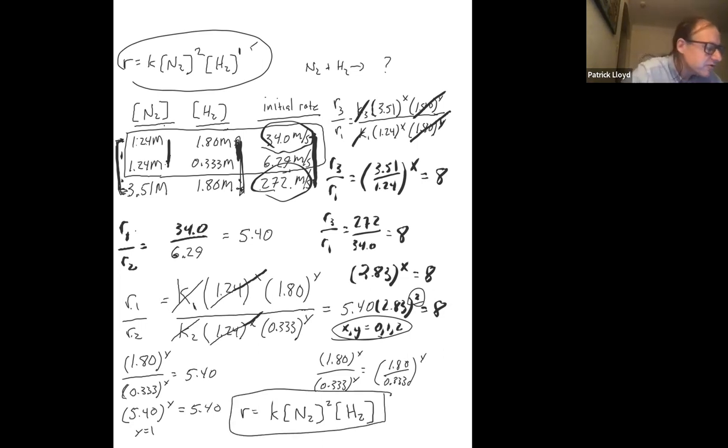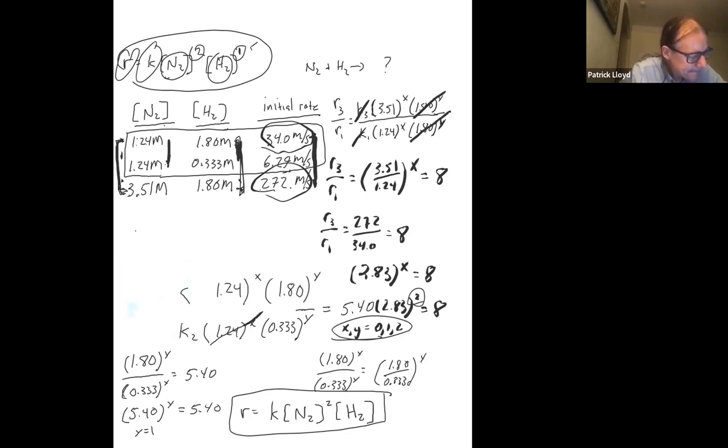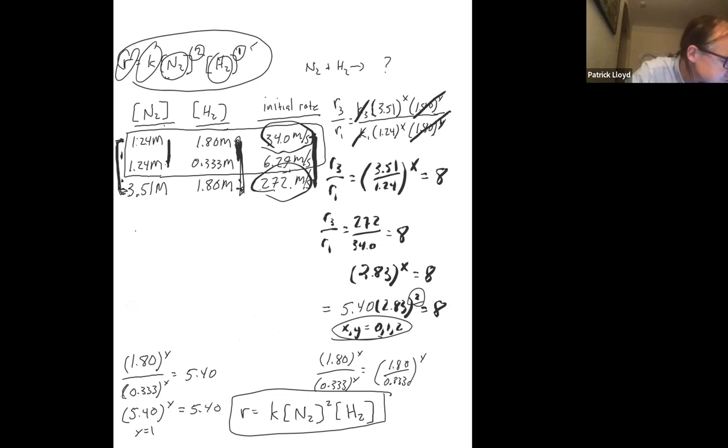Now, how do we find the value of K? Very simple. We did that in the previous problem. If you know the concentrations and the exponents and the rate, you can find the rate constant. So I'm going to do it for the first one. K1 would be R1 divided by the concentration of N2 squared times the concentration of H2.